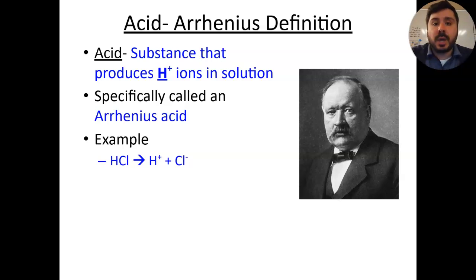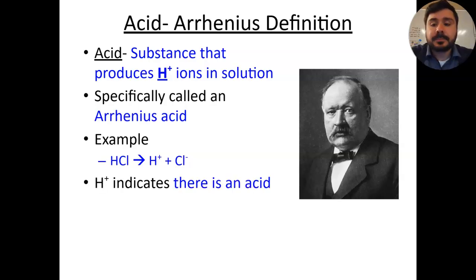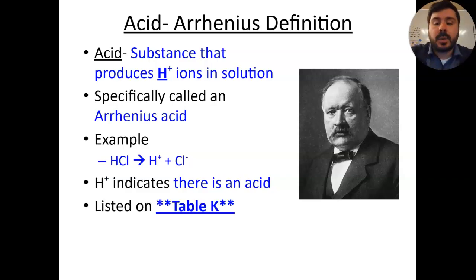And any substance that does that, when it mixes with water to produce a solution, if in that solution there are H plus ions hanging around, that's referred to as an Arrhenius acid, all right? Again, it's the H plus, right? It's the presence of this H plus ion in the solution that allows you to determine that there is an acid present, specifically an Arrhenius acid, okay?